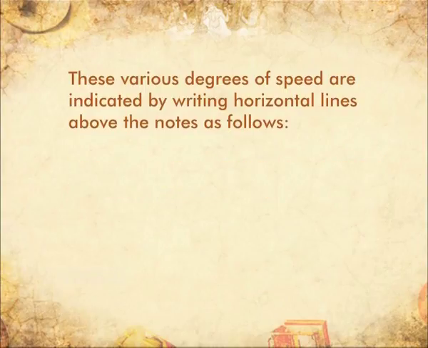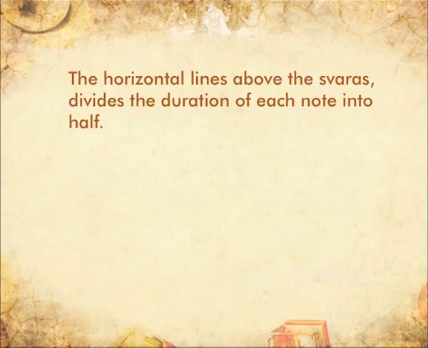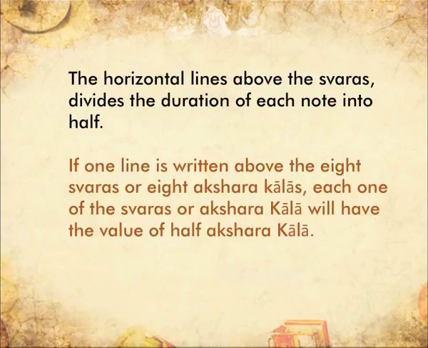These various degrees of speed are indicated by writing horizontal lines above the notes as follows. The horizontal lines written above the swaras divide the duration of each note into half. Thus, if one line is written above 8 swaras or 8 aksharakalas, each one of the swaras or aksharakalas will have the value of half an aksharakala.